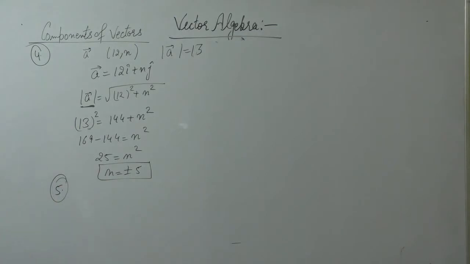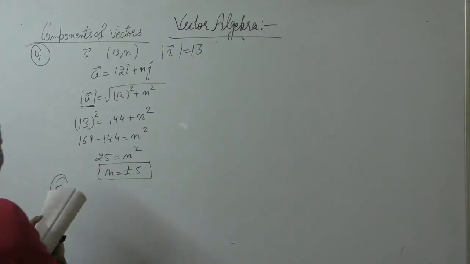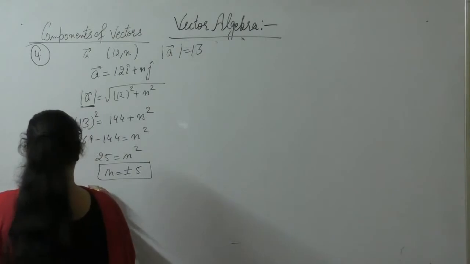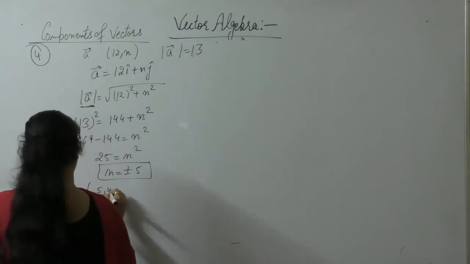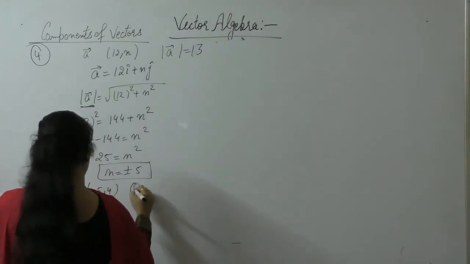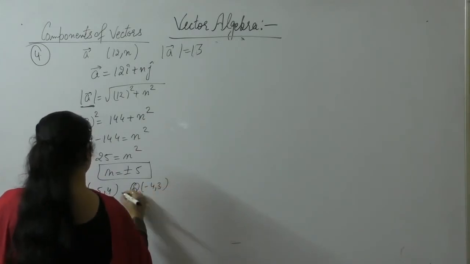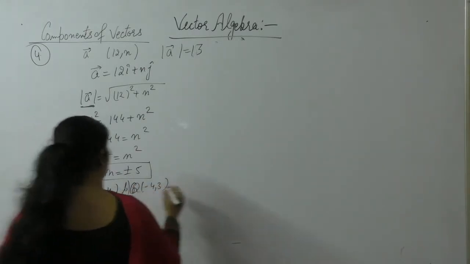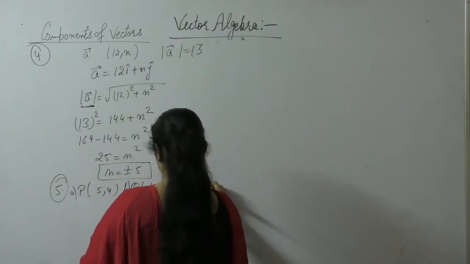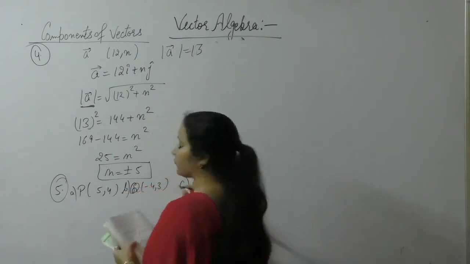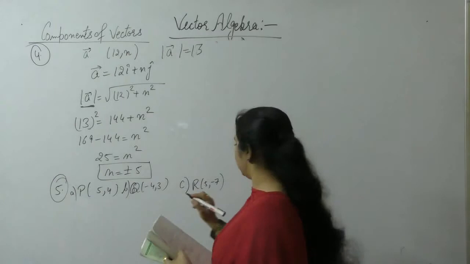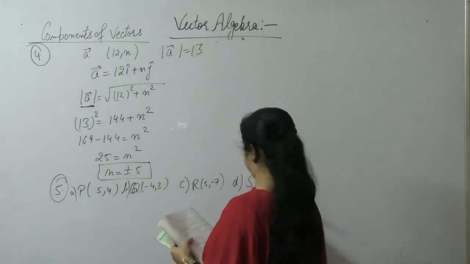Now the next one. Find the components along the coordinate axes of the position vector of each of the following points.